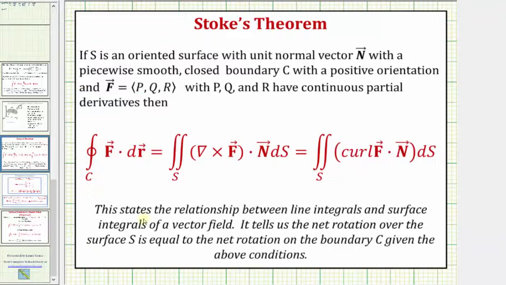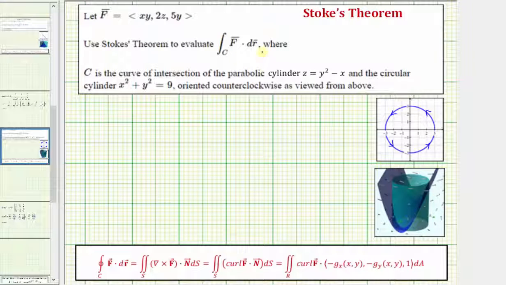So going back to our work, because Stoke's theorem does apply, we can evaluate this line integral by setting up the surface integral here, which we'll evaluate using this double integral over the region R, where the region R is the projection of the surface S onto the xy plane. But the first step is to write the equation for the surface S. We want the equation in terms of z, where z also equals g of x comma y.